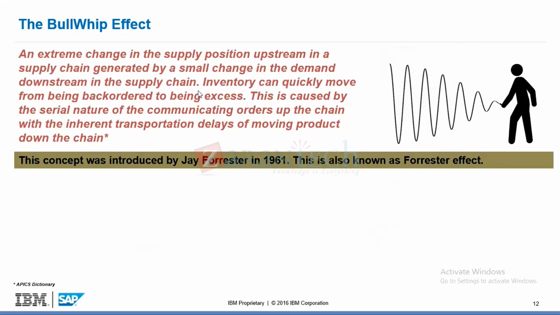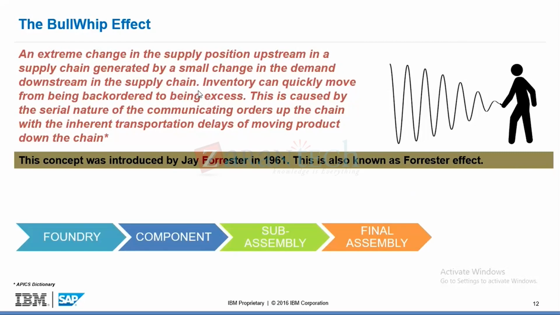These are all demand-driven MRP concepts introduced by J. Foster in 90. I'm not going into the theory aspect. What SAP has done in DDMRP is what we are more interested in.